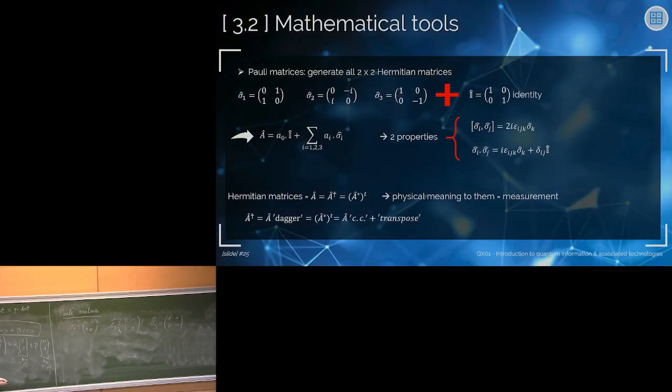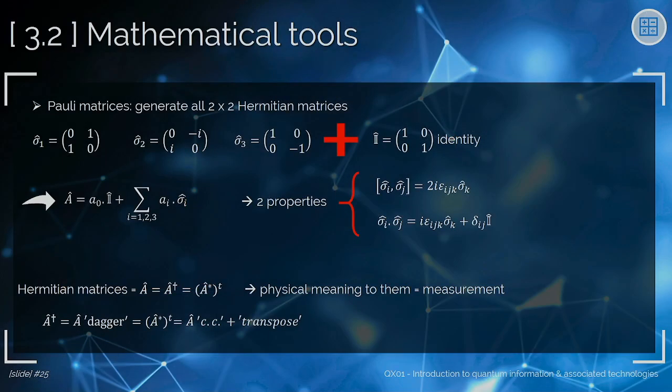In other words, that's what's written here. Any matrix A can be written as the linear combination of the identity matrix and the 3 Pauli matrices, sigma 1, sigma 2, sigma 3. So those 4 matrices can generate any 2D matrix.